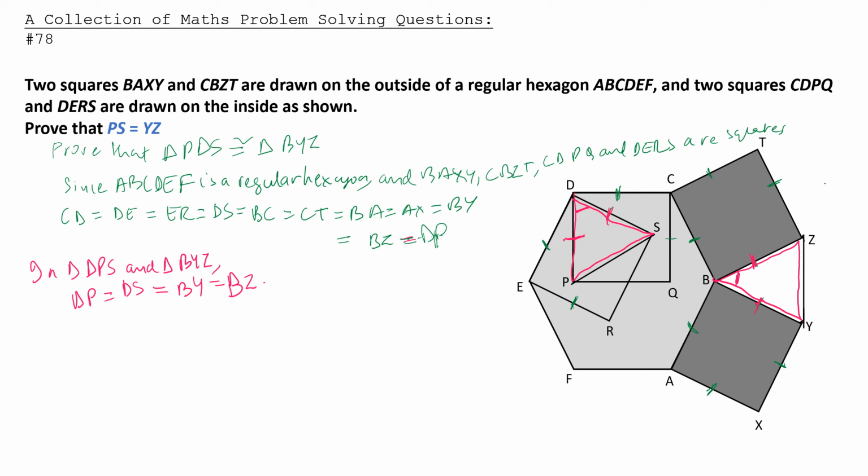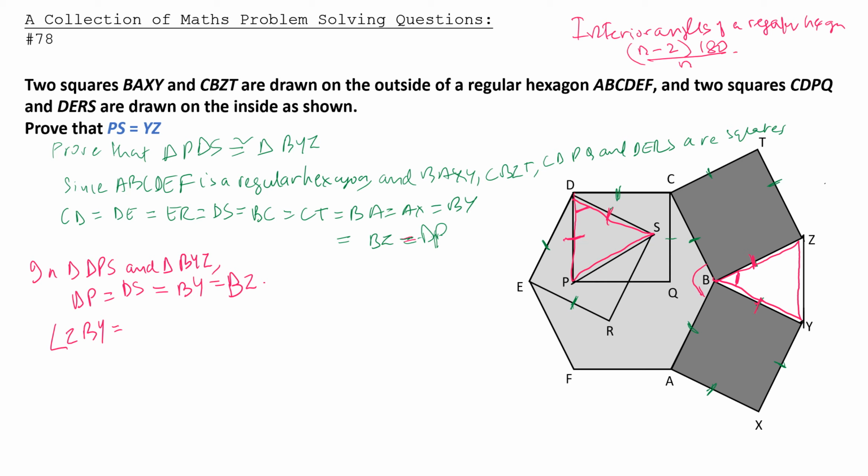So what is this angle? ZBY. So you see angle ZBY would be equal to, you have the interior angles of a regular hexagon, so you can work it out. Interior angles of a regular hexagon: n minus 2, where n is the number of sides, times 180 divided by n.